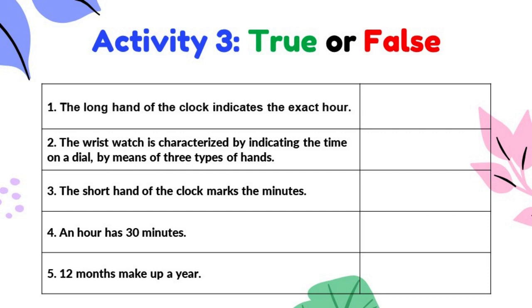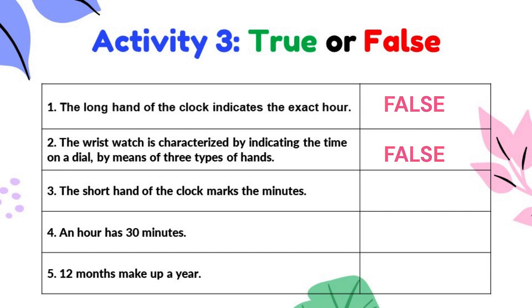Activity 3. True or false? Write true if the statement is correct and false if it is incorrect. 1. The long hand of the clock indicates the exact hour. False. Why? Because the long hand tells the minutes. 2. The wristwatch is characterized by indicating the time on a dial by means of 3 types of hands.